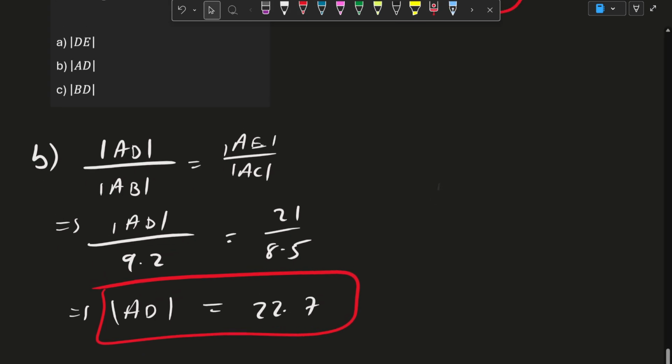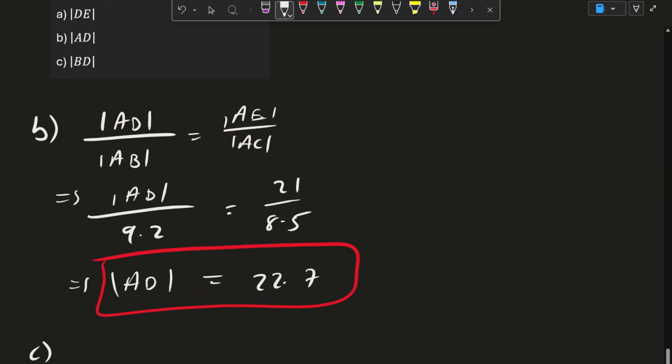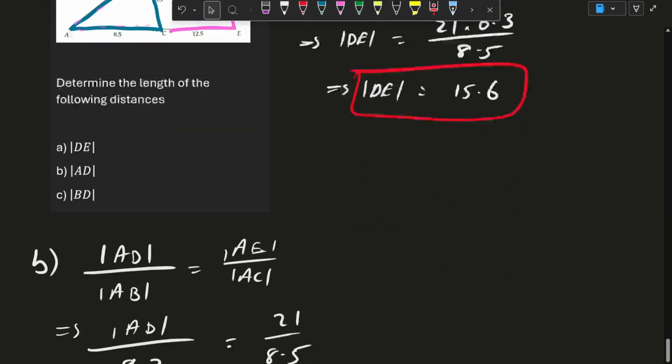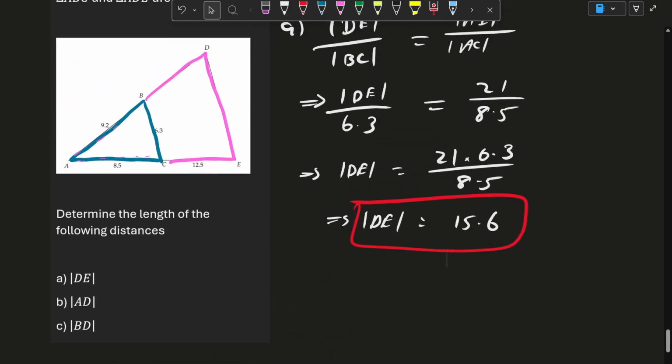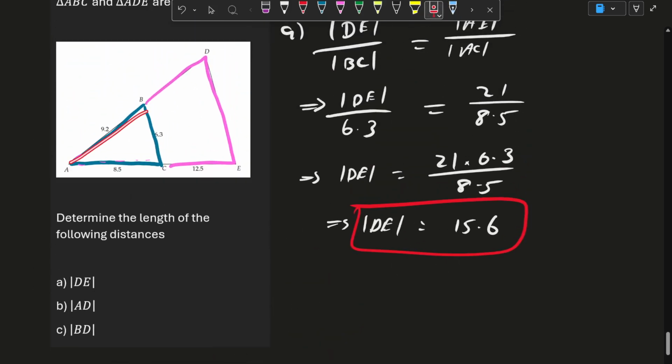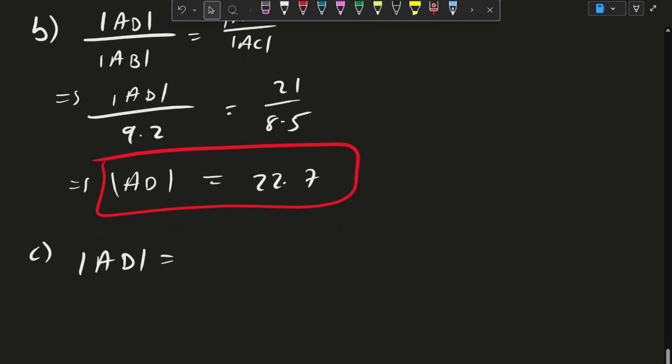So the last question wants us to find the length of BD. Now note that going the whole way AD, it's the same as going AB, but then B to D. So it's like adding an intermediate point. AD we know.